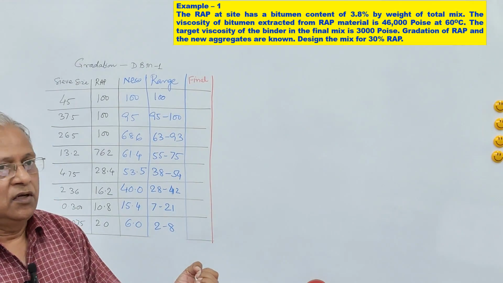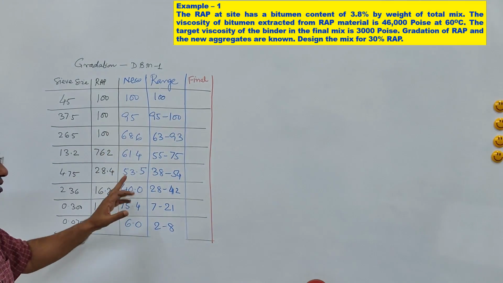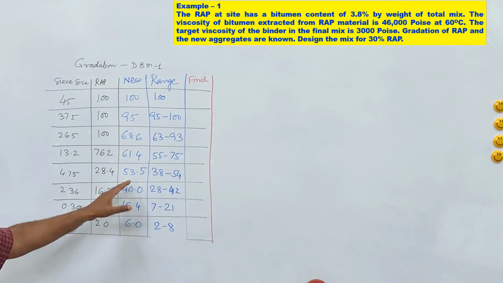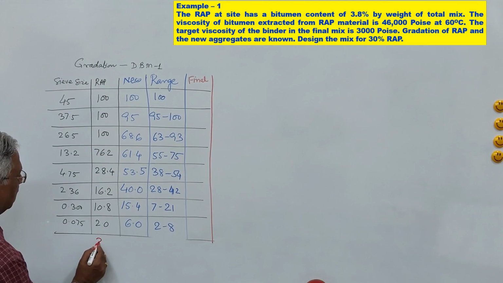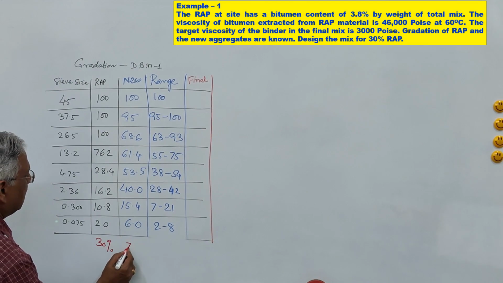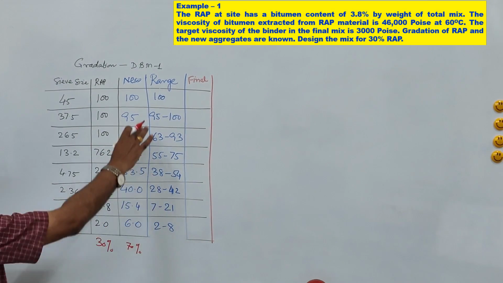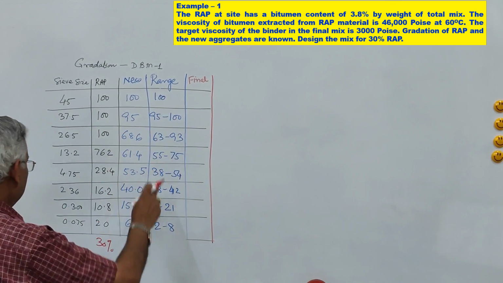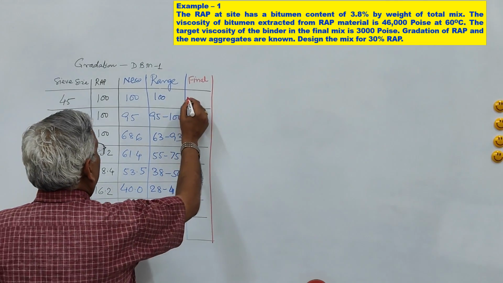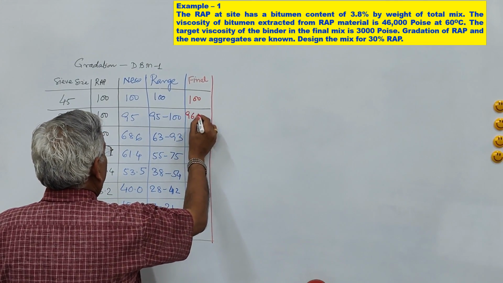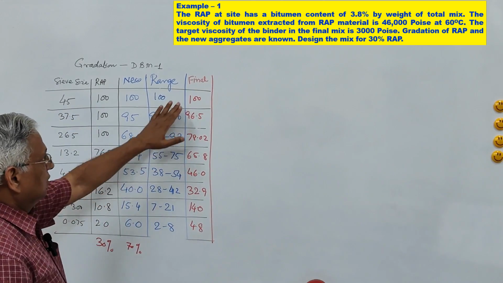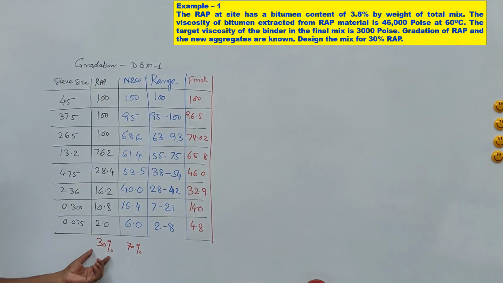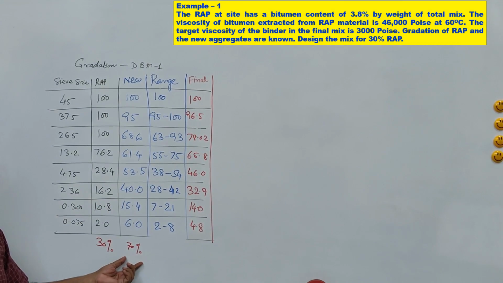In other words, you should select your new aggregate with such a gradation that when 70% of this aggregate is added with 30% of wrap material, you get a gradation which is close to the midpoint of this range. Let us say you mix these two aggregates and this is the final grading which you obtain after mixing 30% wrap and 70% of new aggregate.